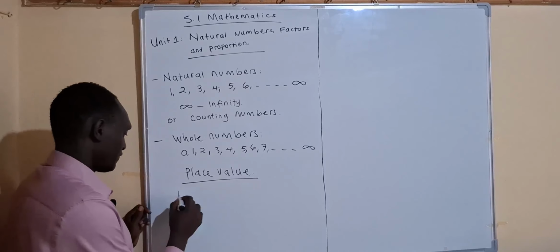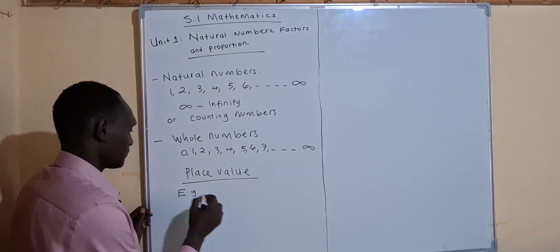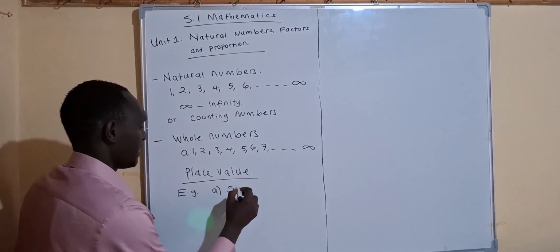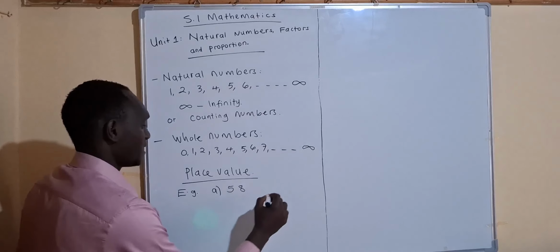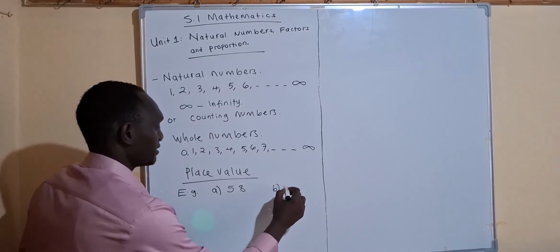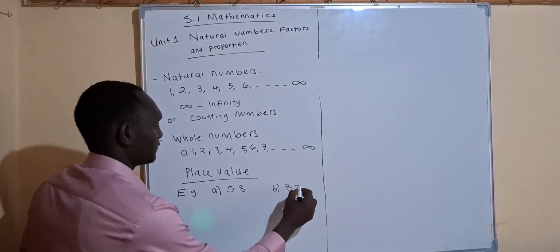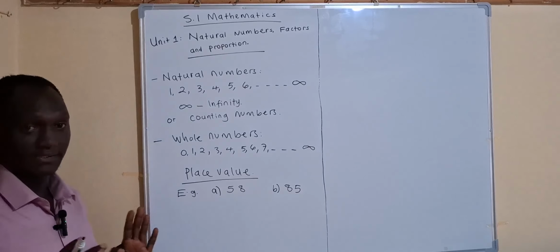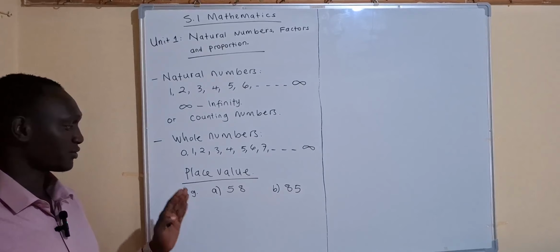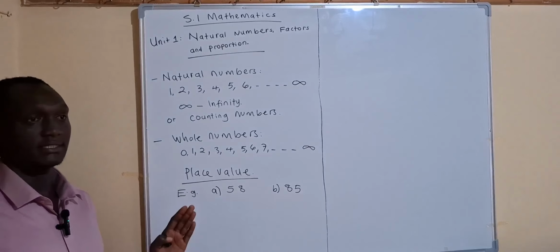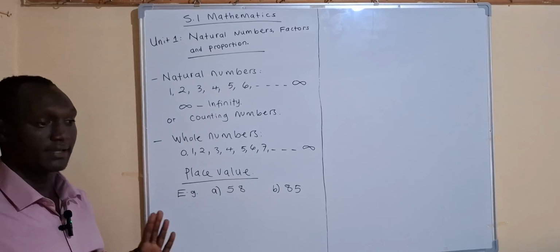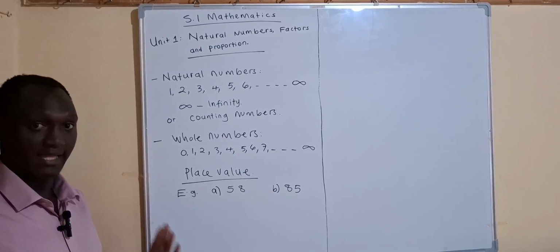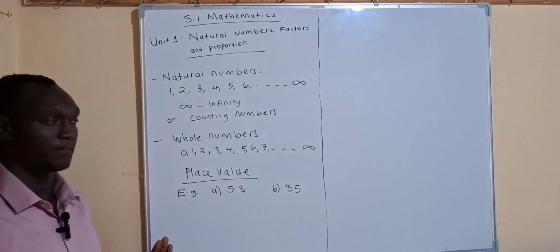For example, if I have number A, let me say 58, and another number B, 85. These two numbers are different. Why? Because of the different arrangement in them. That gives them different values. One is bigger than the other. They are not the same.